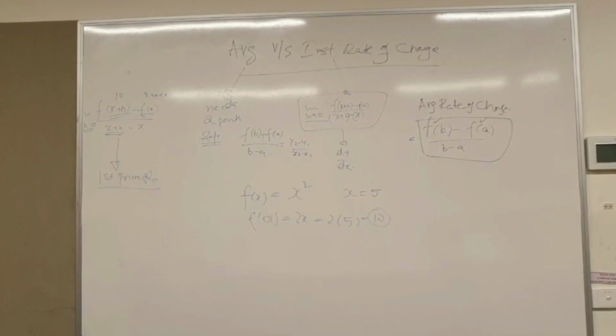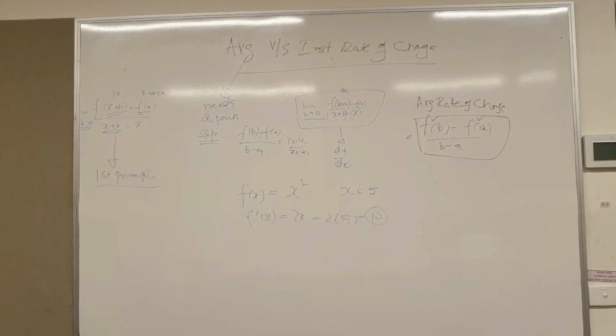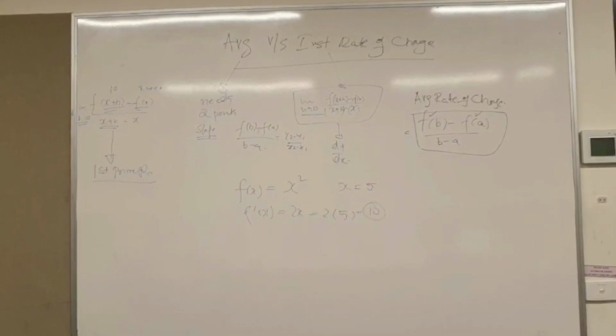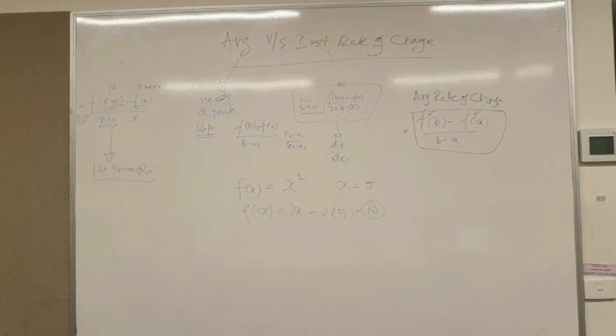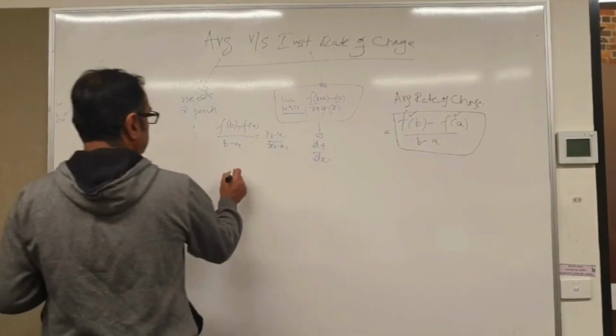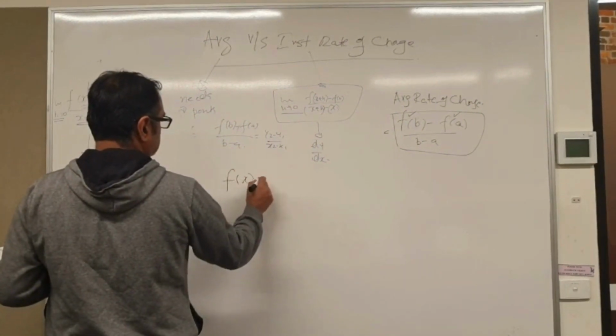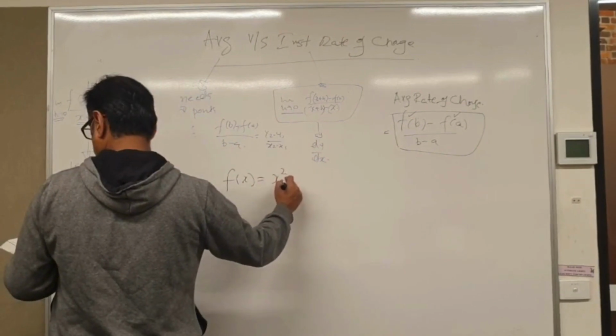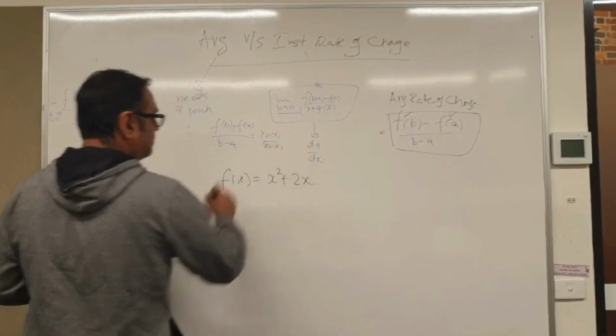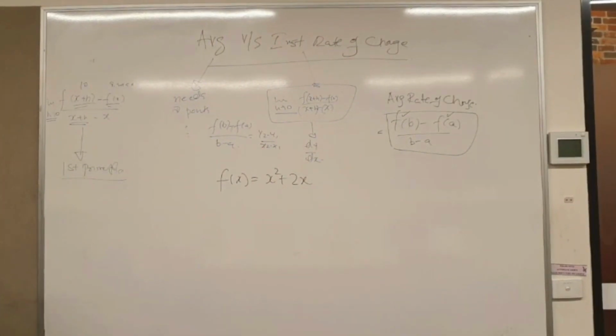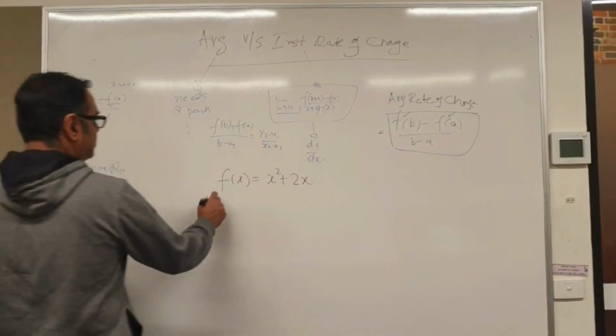All right. Now, let's do a question. Let's say your f of x is x squared plus 2x. Can you find the average rate of change?